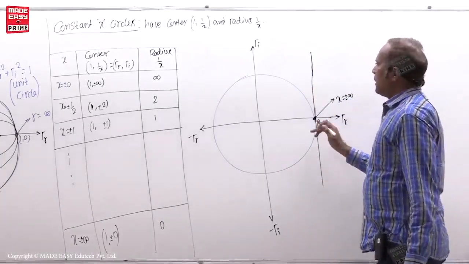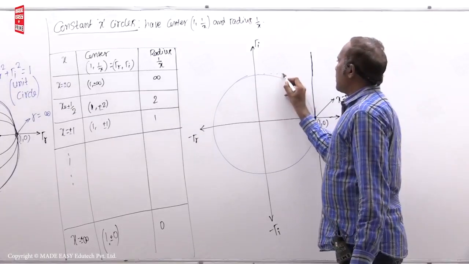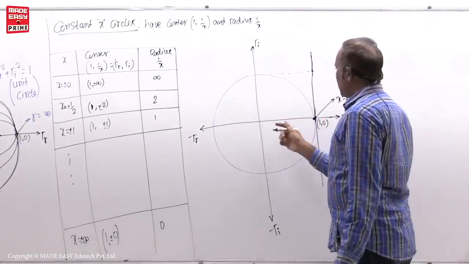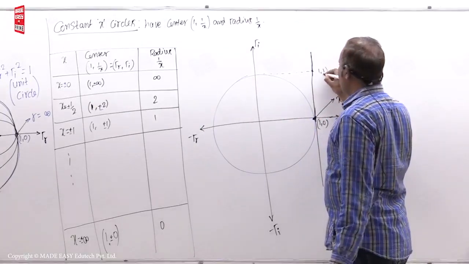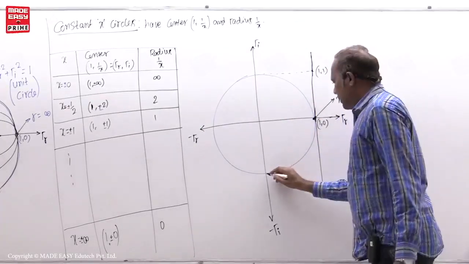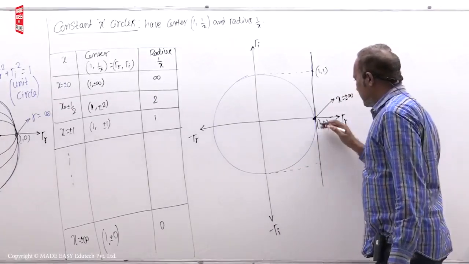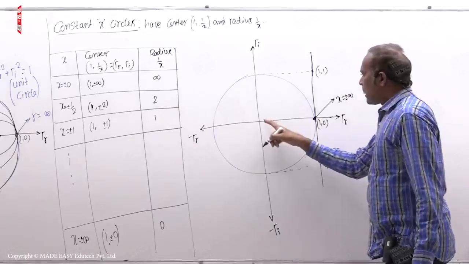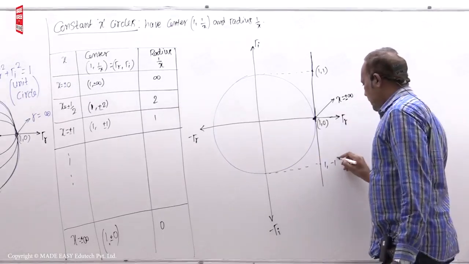On this line, I will mention here, this is 1, and this is also 1. This is the 1 comma 1 point. And this value is 1, and this gamma I is minus 1 here.